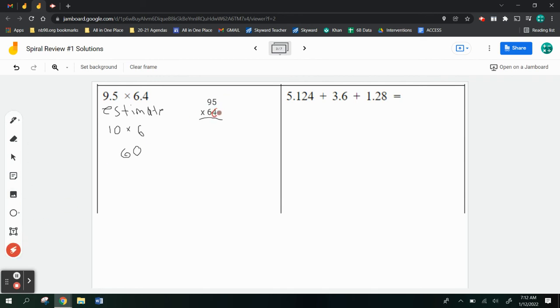So starting with the first digit, 4 times 5, that's 20. I'm going to write these numbers kind of big. Then you do 4 times 9, which is 36. Don't forget to add that too, so 38.